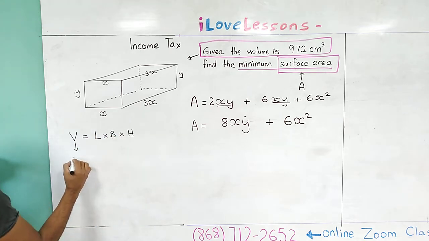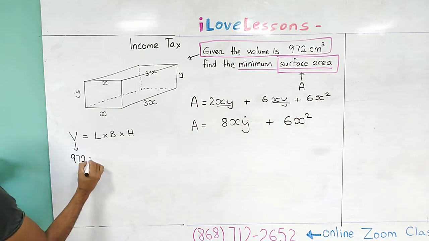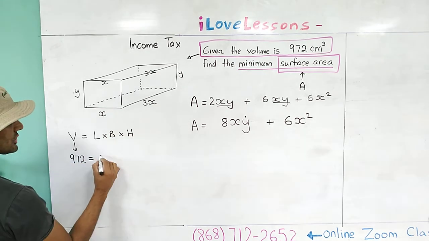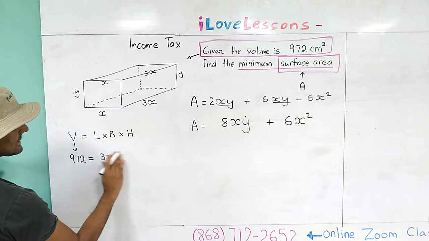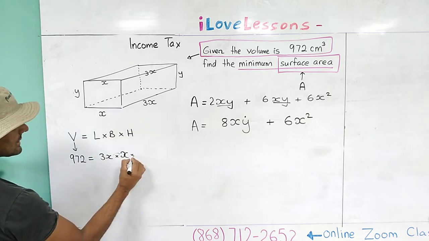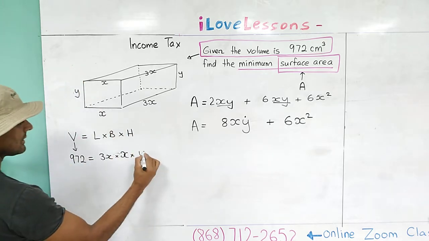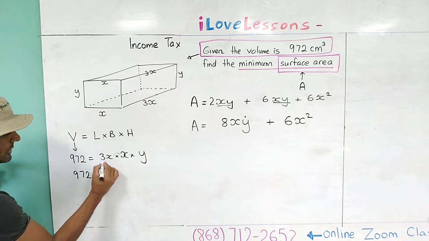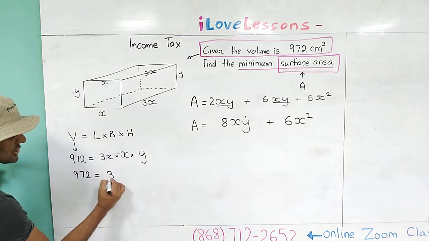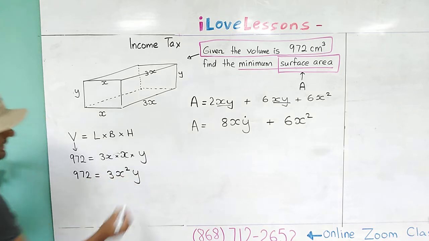The volume is 972. The length is 3x. The breadth is x. And the height is y. So when you simplify this, you get 972 equals 3x by x, which is 3x squared, and don't forget the y.